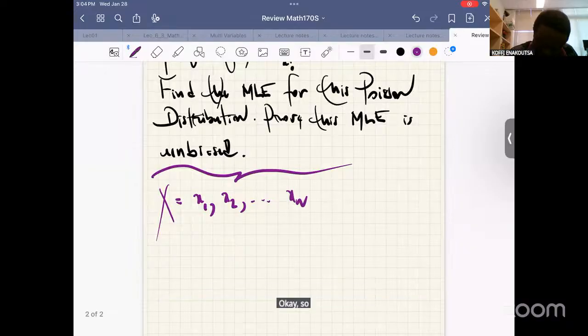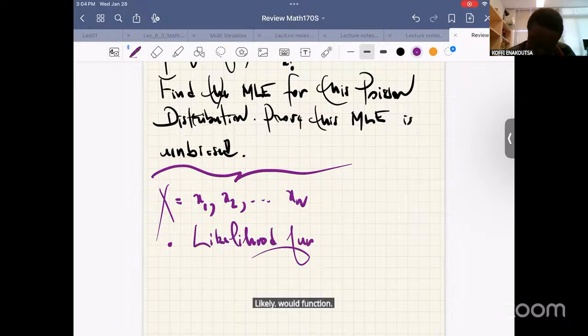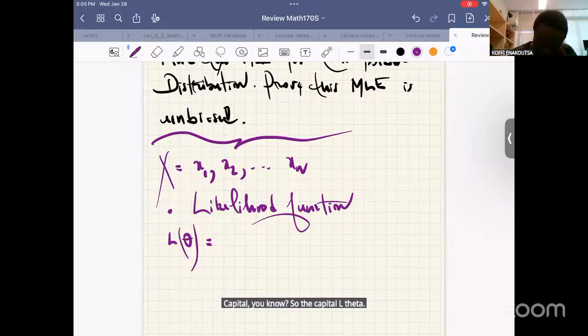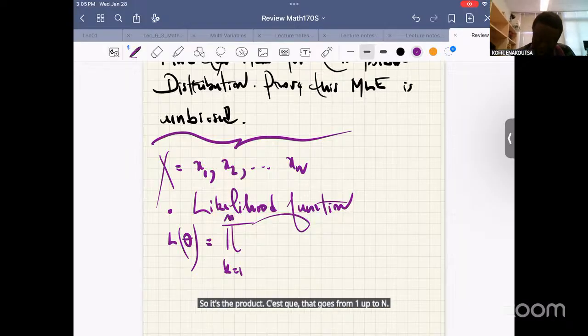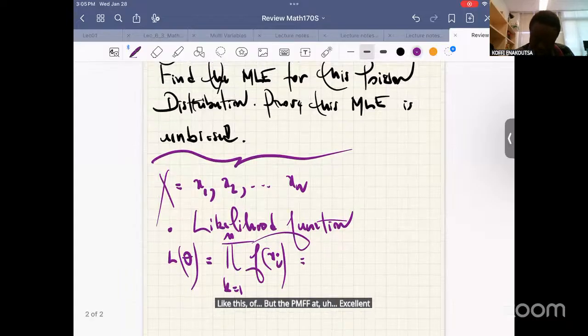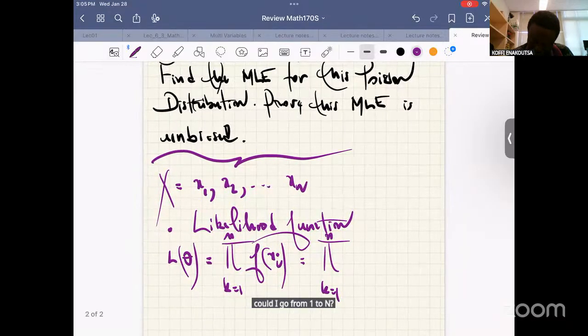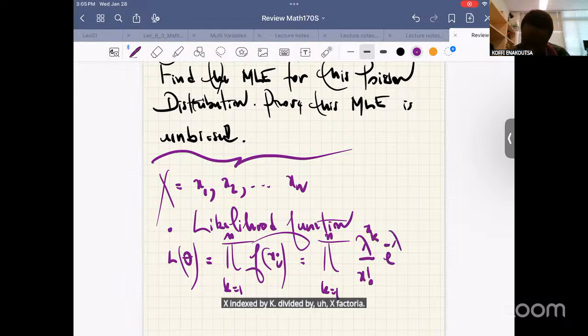Next we need to find the likelihood function, capital L of theta. It is the product, k going from 1 up to n, of the PMF f at xk, that is lambda to the power xk divided by xk factorial, times exponential of minus lambda.